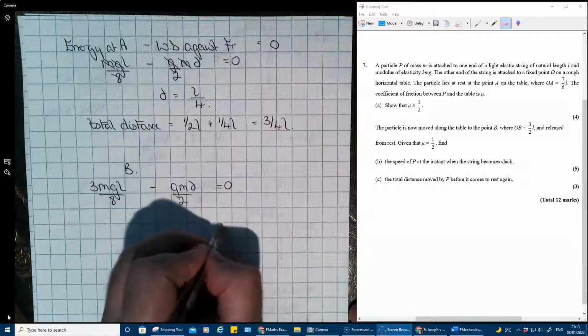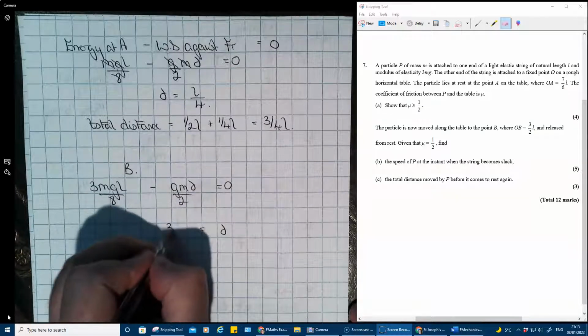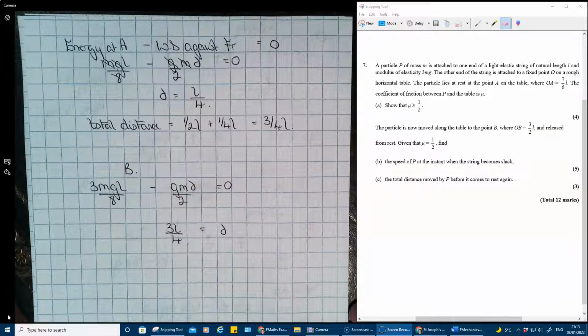If you do that, you get d equals 3L over 4 in one go.